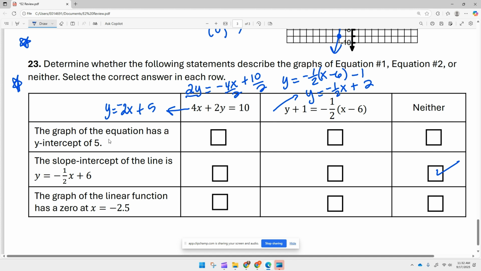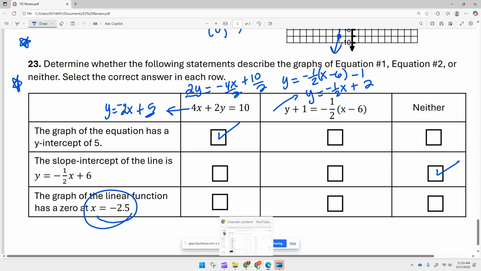All right, the graph of the equation has a y-intercept of 5. We said this one has a y-intercept of 5, so that's that question. So the last thing we have to look at is whether or not we have an x-intercept of 0 and x is equal to -2. The easiest way to check that is to go ahead and use Desmos.